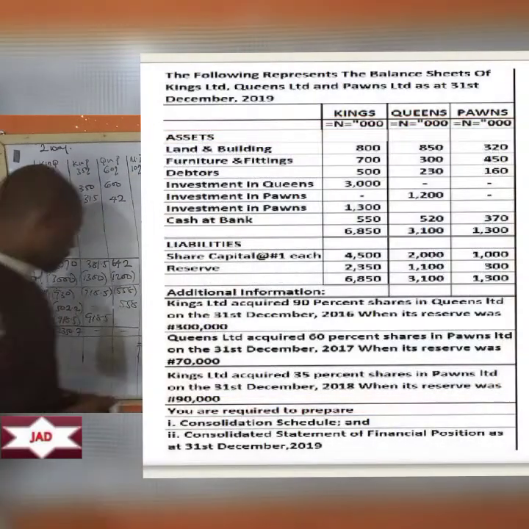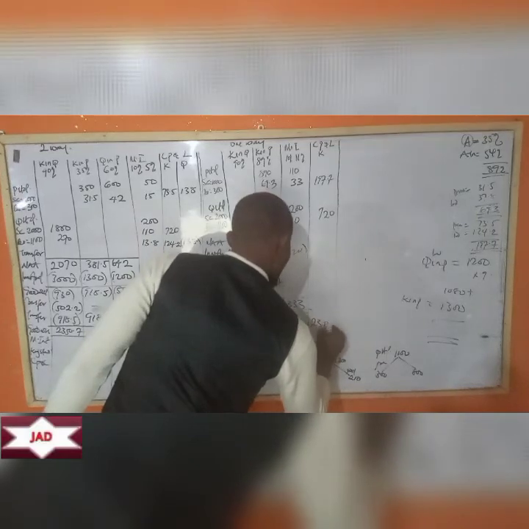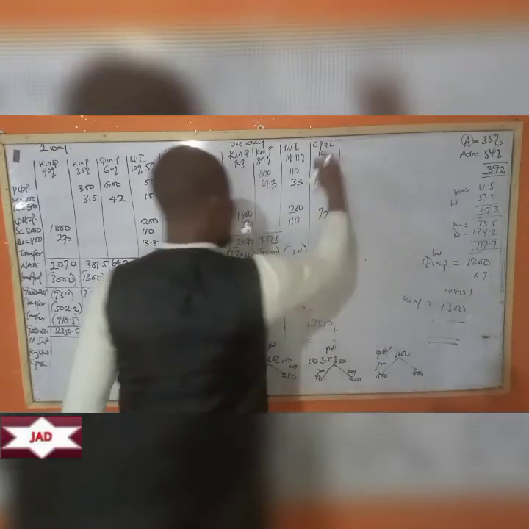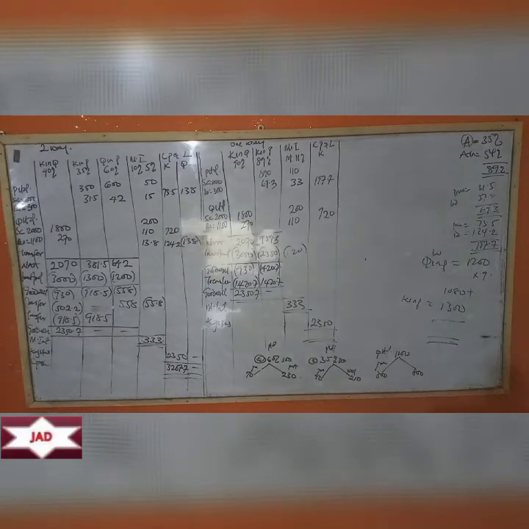In question, because we can get it from here, 2350. So you add up everything here. 197.7 plus 720 plus 2350. 3267.7.